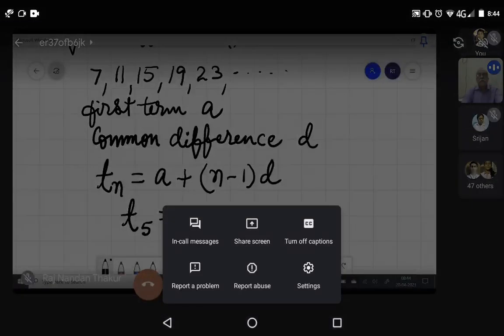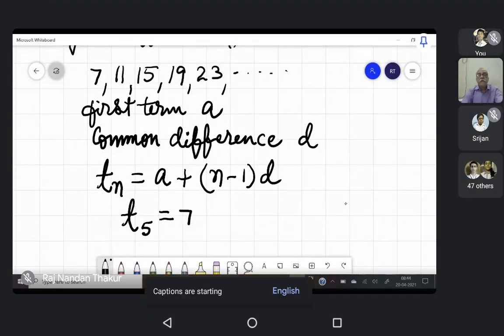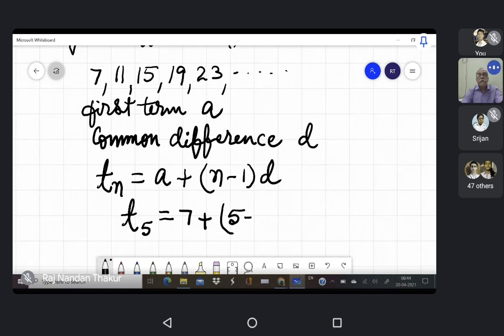It is counting from the starting. A is 7, n is 5. So here we are looking for the fifth term. And D is how much? 4.